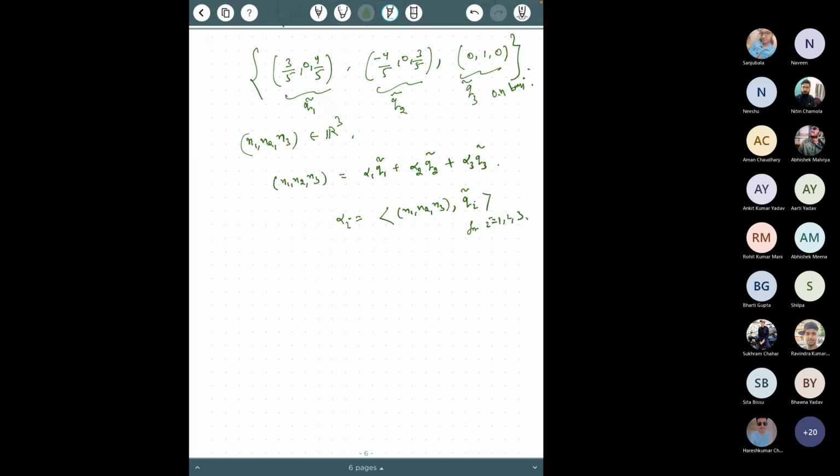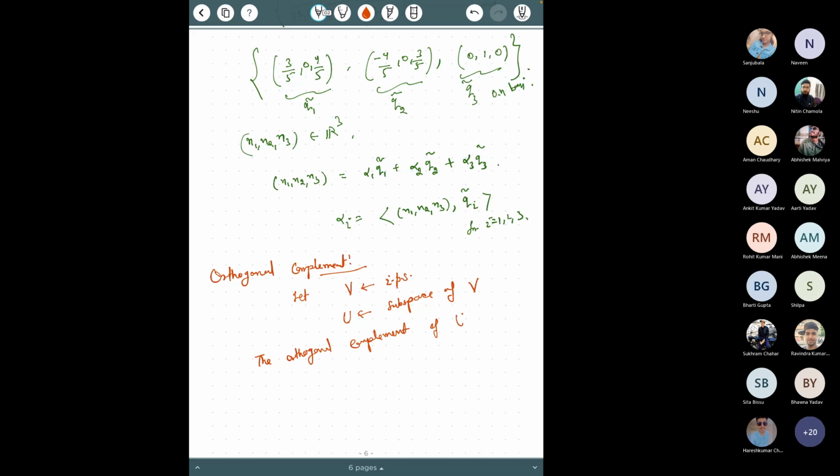Let me first define this and then we talk about it. Suppose V is an inner product space and U is a subspace of V, then the orthogonal complement of U is defined as follows.